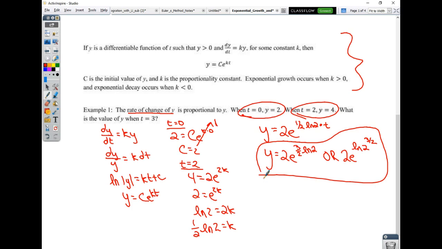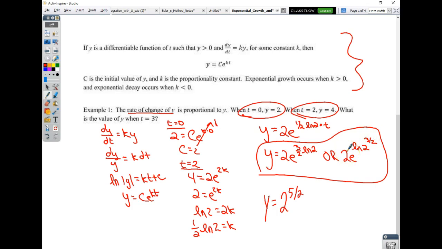If you get it down to this form right here, you find out that y turns out to be 2 to the 5 halves. So you do get a semi-clean number. That's fun. You take e to the natural log, you get 2 to the 3 halves. And 2 times 2 to the 3 halves is 2 to the 5 halves.